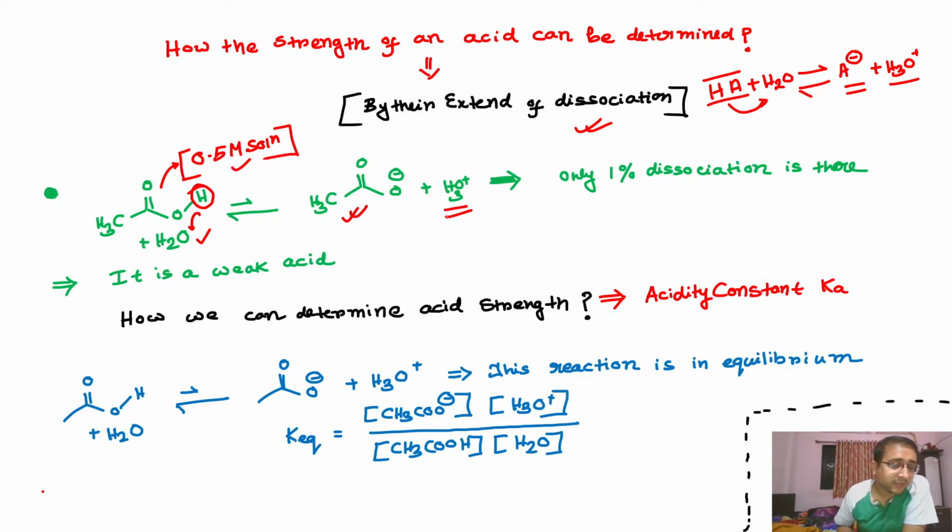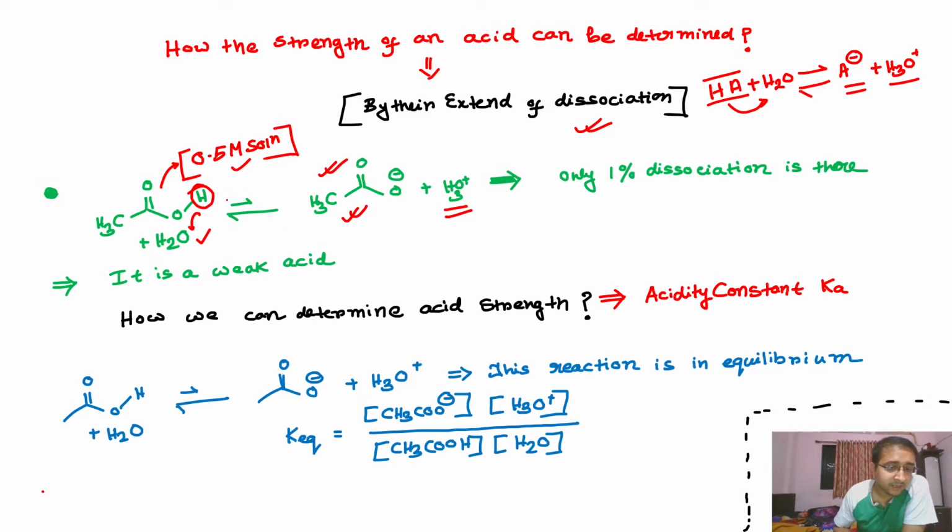In the equilibrium state, most of the acetic acid remains in the undissociated state. Only 1% of the acetic acid becomes dissociated.